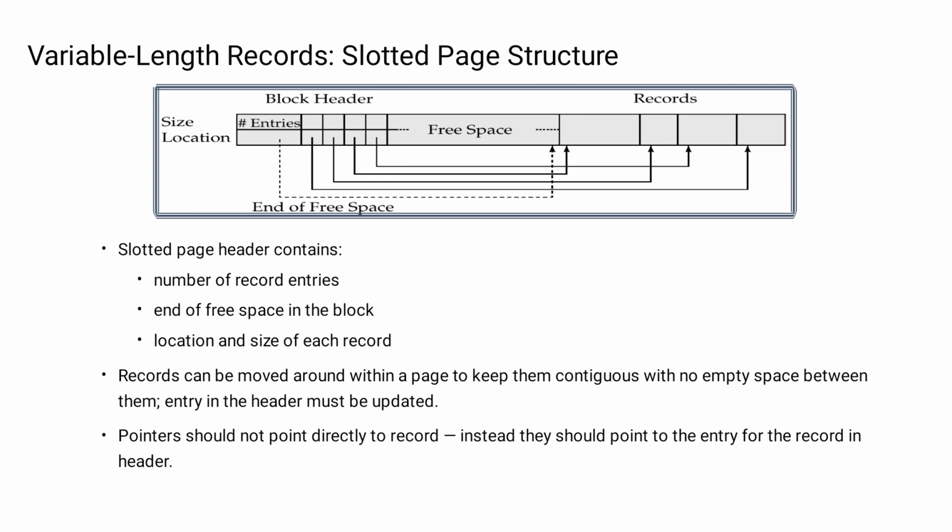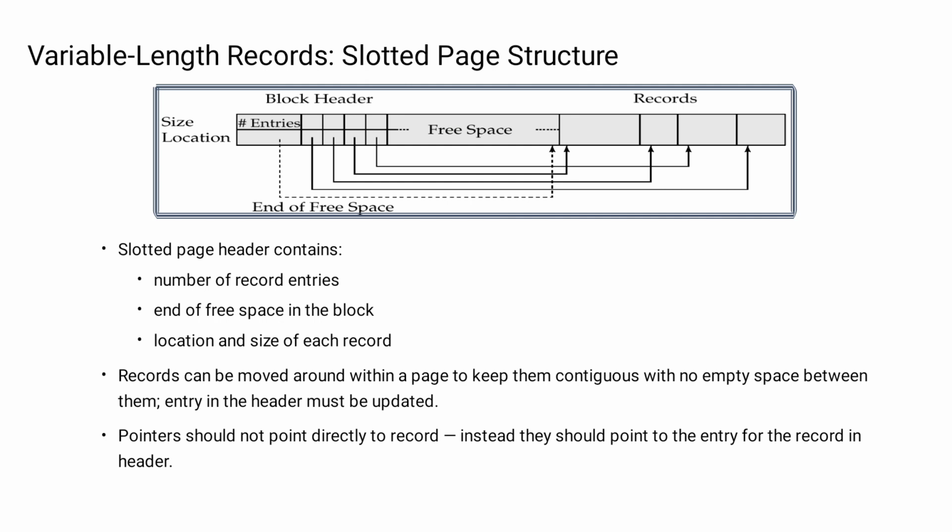As shown in the figure, there is a block header at the beginning of each block containing information like the number of record entries, the end of free space in the block, and an array whose entries contain the location and size of each record. The actual records are allotted contiguously, one after the other, starting from the end of the block.